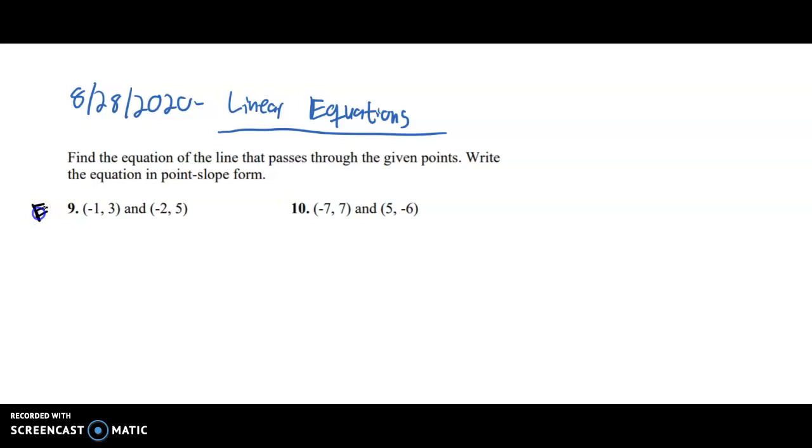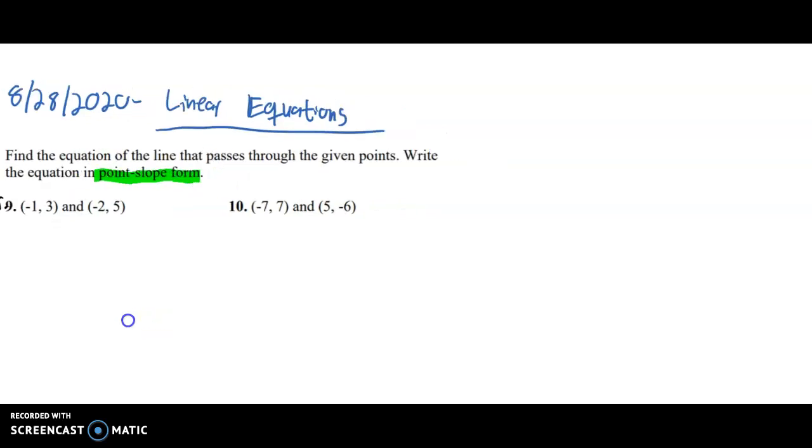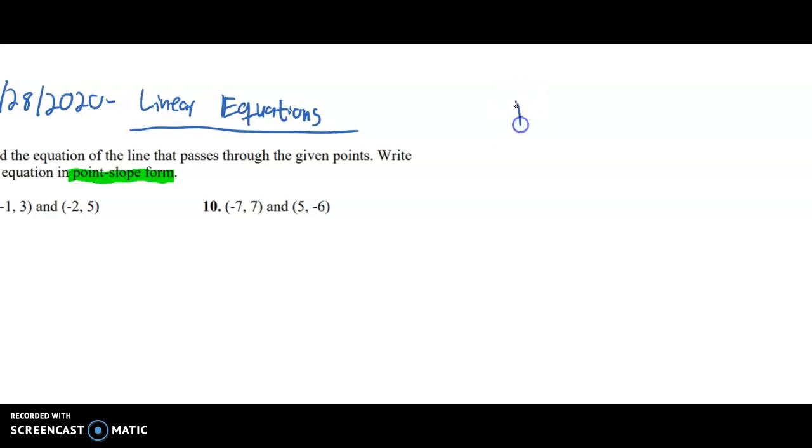This number 9 is going to be example 1. Find the equation of the line that passes through the given points. Write that equation in point-slope form. Let's remind ourselves what point-slope form looks like.